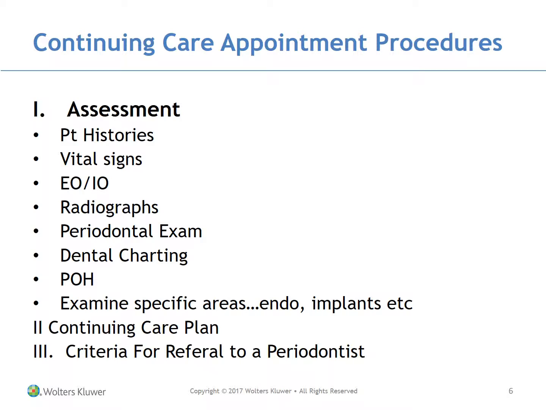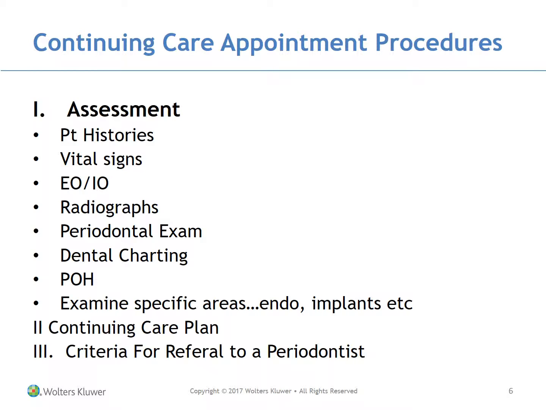Okay, and if there's any changes in that, they need to be monitored very closely, and they may need a graft in that area to either thicken the tissue or to create a longer junctional epithelium, a longer attachment. So you want to make sure that you record all of that.